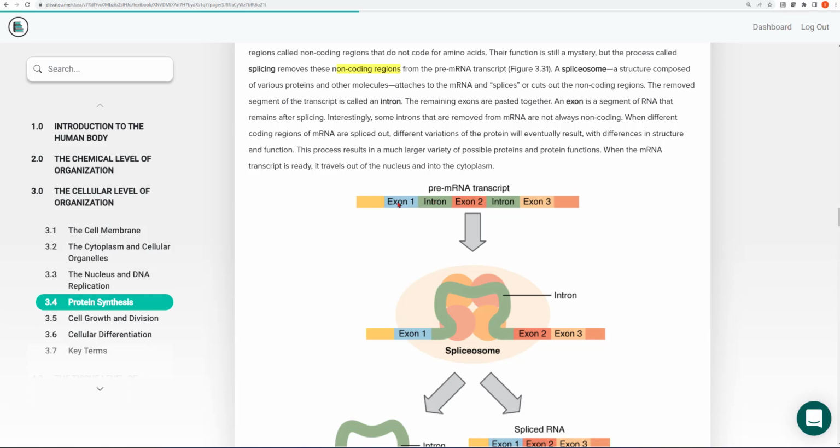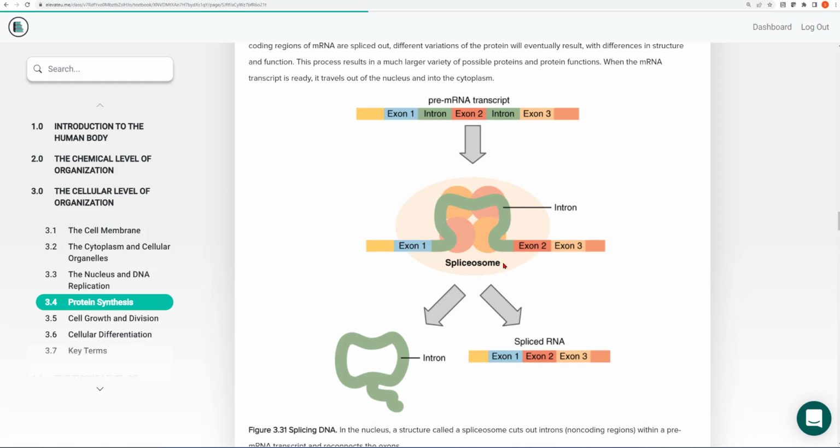The exons are the coding sections, and they are going to be maintained. So in the splicing process, all of the green colored introns are going to be cut out. All of the coding segments, called the exons, are going to be spliced together.